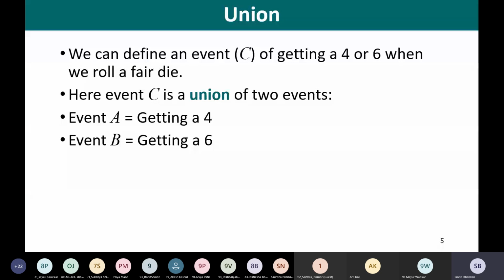The union of these two events can be computed and we say that it is event C. So event C is the union of events A and B. So the probability of event C is given as the probability of A union B. And if we use a Venn diagram to denote this union, we may show the union of two events A and B as shown in this figure.